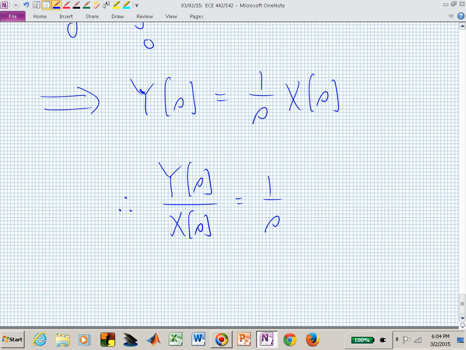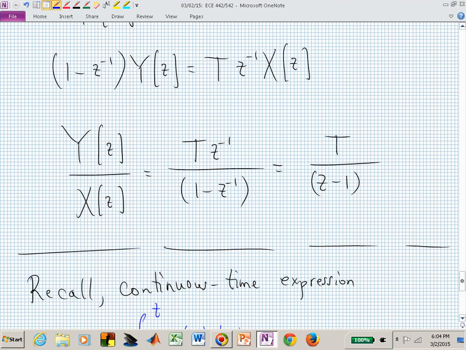And what we want to do now is find a strategy for relating s's and z's. And now we have it. Here's a right-hand side in s's, 1 over s. That's an integration. Well, we derived an integration in the discrete time case relating x and y, and it became the right-hand side, capital T over z minus 1.